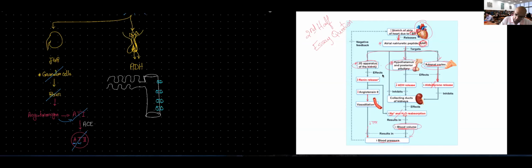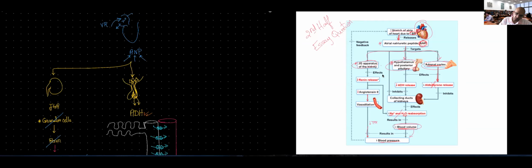And this will allow the water, rather than being released out in the urine, to be reabsorbed back into my blood. And this is what causes the formation of concentrated urine. So here, the urine is going to become concentrated as a result of the presence of ADH.